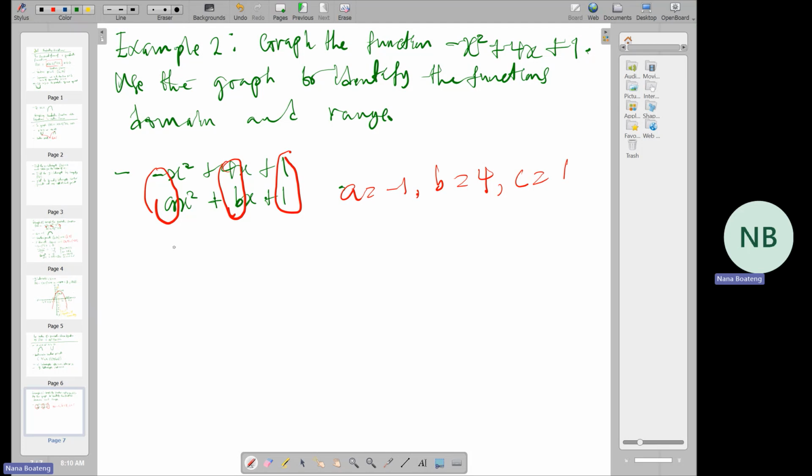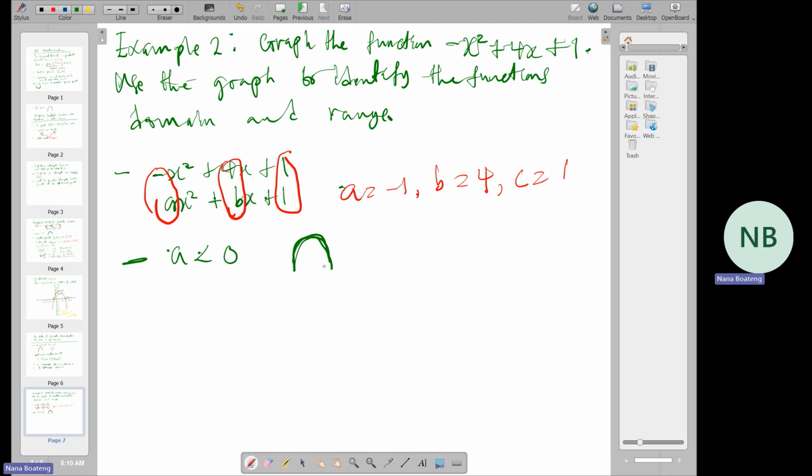So we know that A is -1, less than 0, so the function opens downward. You know that the curve is going to open downward.